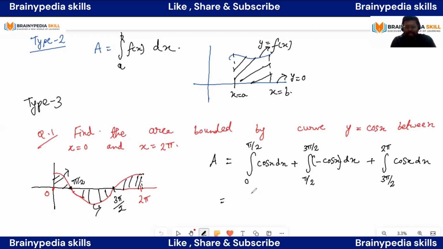So the integral of cos x is sin x, from 0 to pi by 2. This one is minus sin x from pi by 2 to 3 pi by 2.